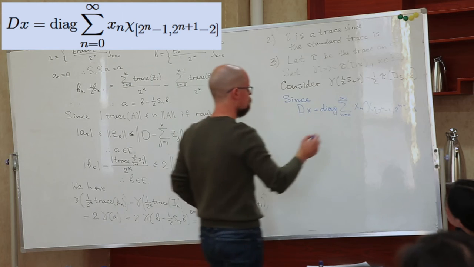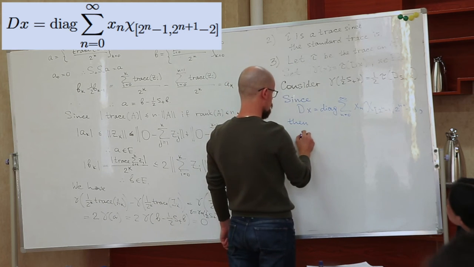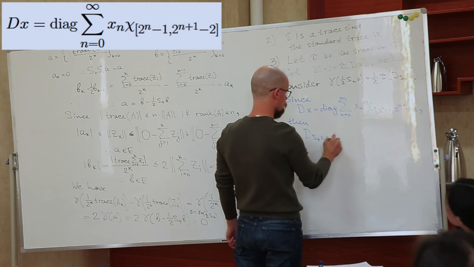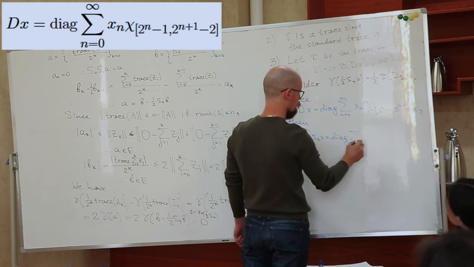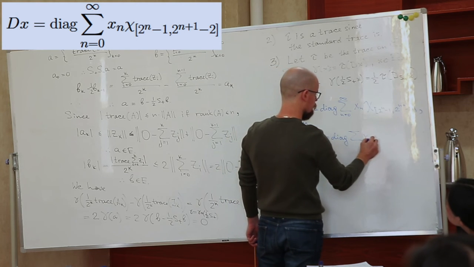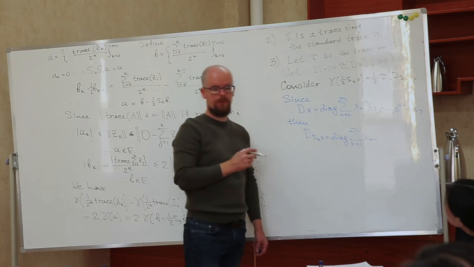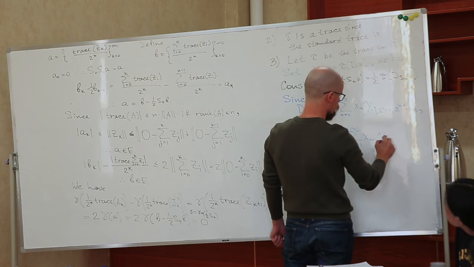Then d of S plus of x is the diagonal of x_(n-1). We're starting from 1 to infinity now, because the first one is 0, and the same intervals.